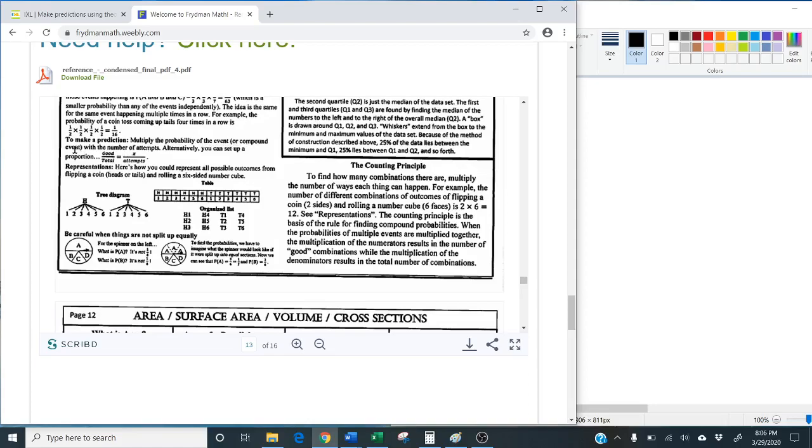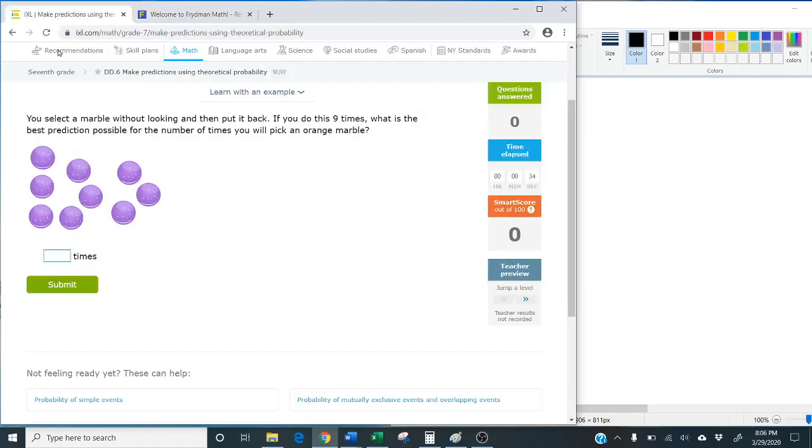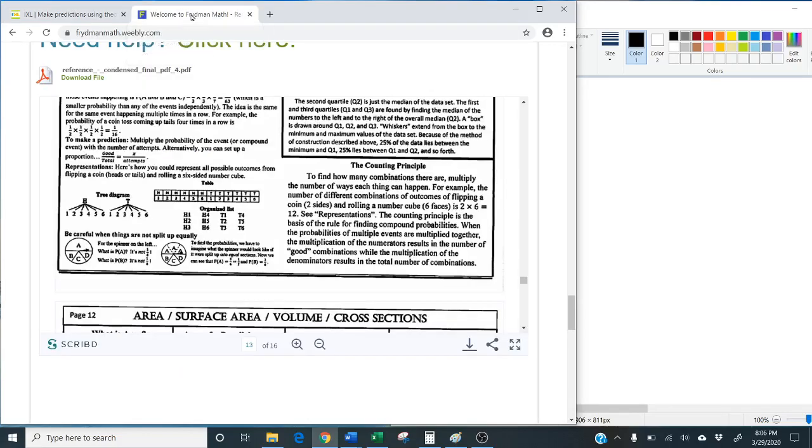Compound event means that more than one thing is going to happen. But I believe these are all simple events here. So we just have one bag of marbles, or we just have a coin. In any case, we multiply the probability with the number of attempts.